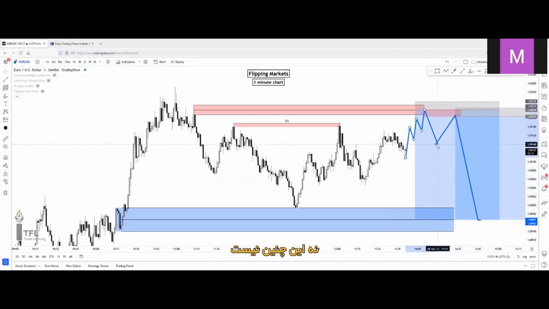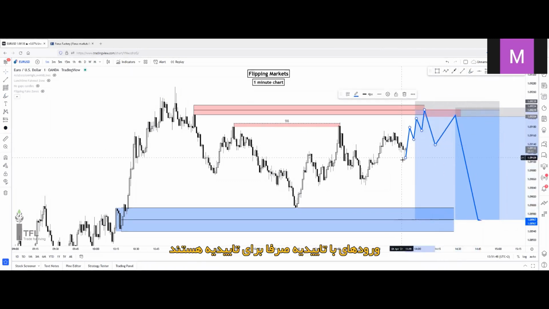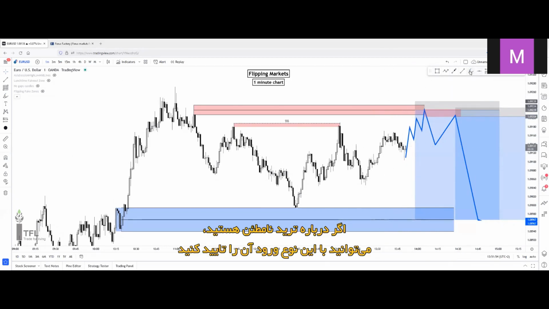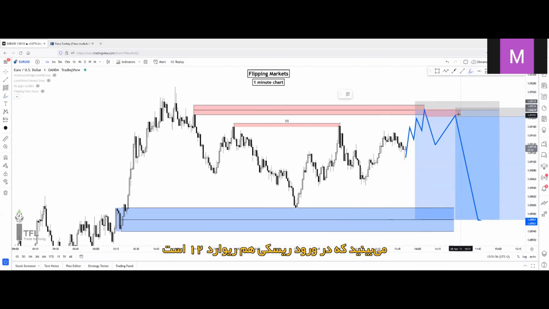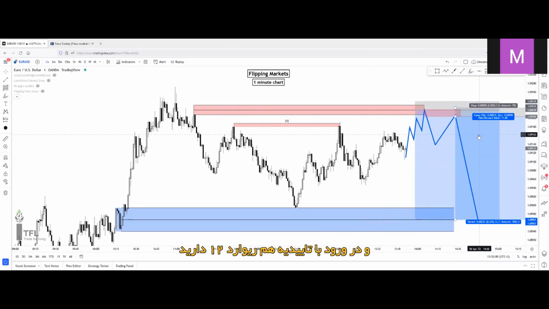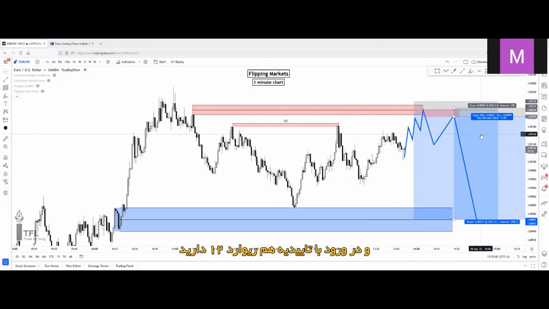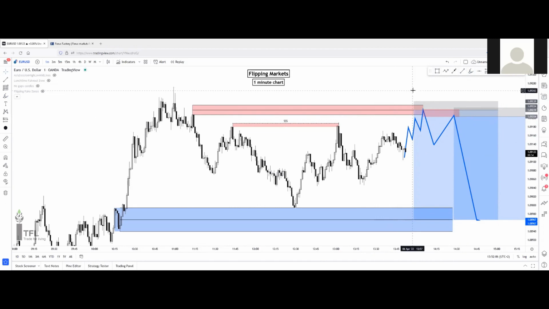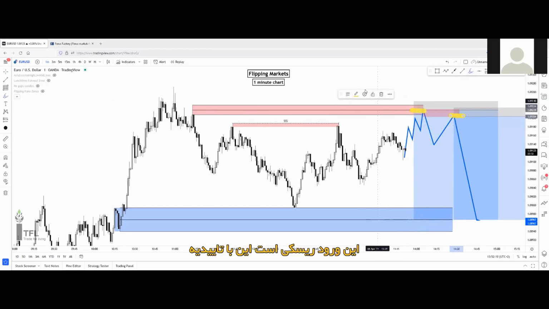It's not like this. Confirmation entries are literally for confirmations. If you're insecure about a trade, you can confirm your entry. As you can see, you get a 1:2 risk reward ratio for the risk entry, and you get a 1:2 risk reward ratio for the confirmation entry. That's the same. This is a risk entry, this is a confirmation entry.